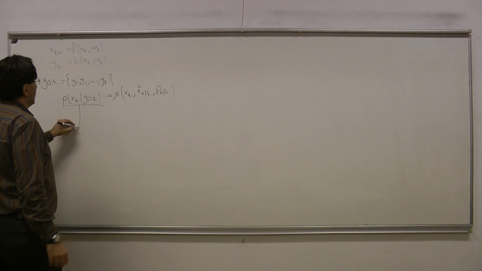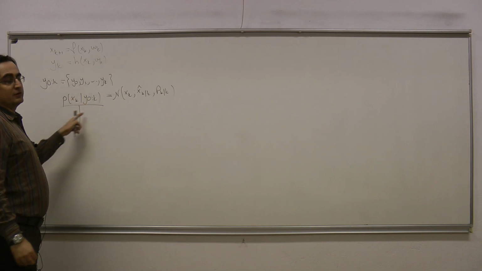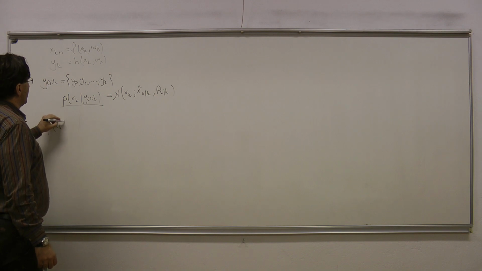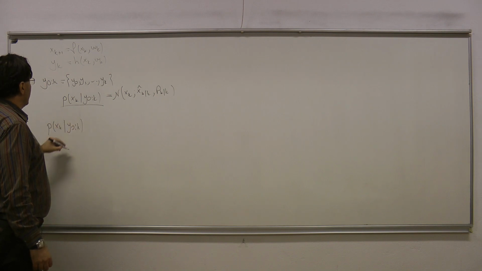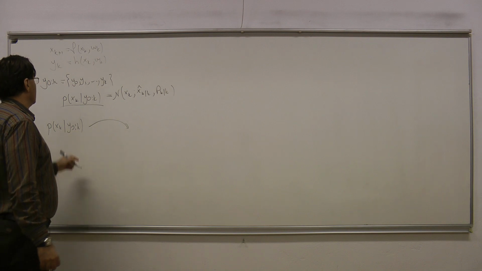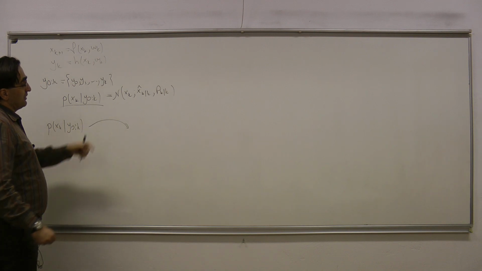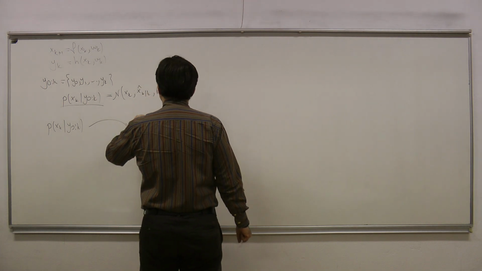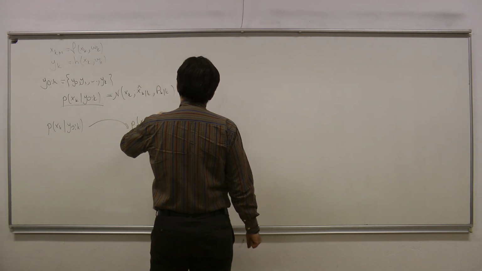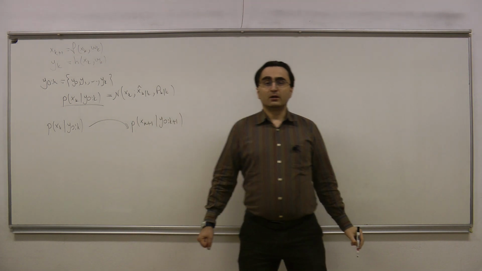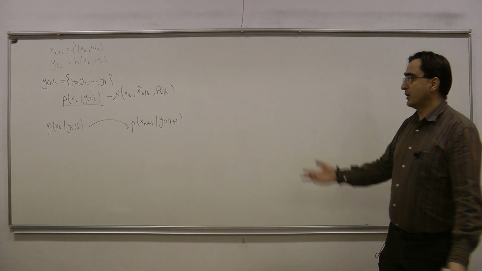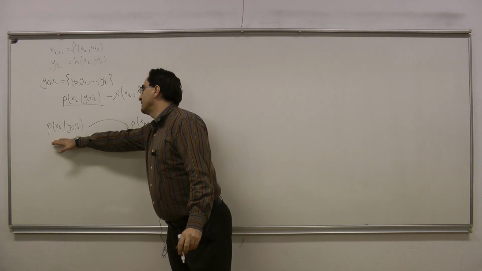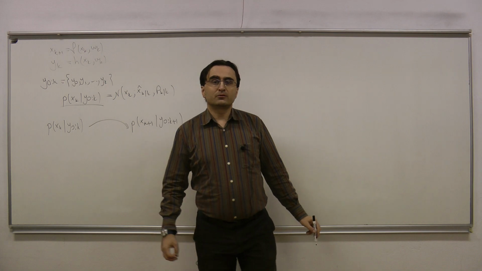How can I start with this distribution, which is not Gaussian anymore, so I have p(x_k | y_{0:k}), and advance the time one step and obtain p(x_{k+1} | y_{0:k+1})? This would be important, to calculate this distribution recursively from one time step to the next.